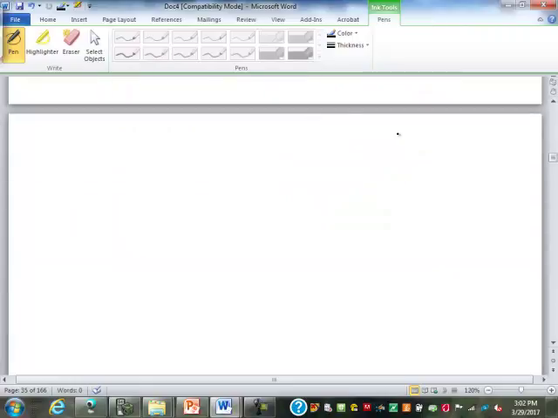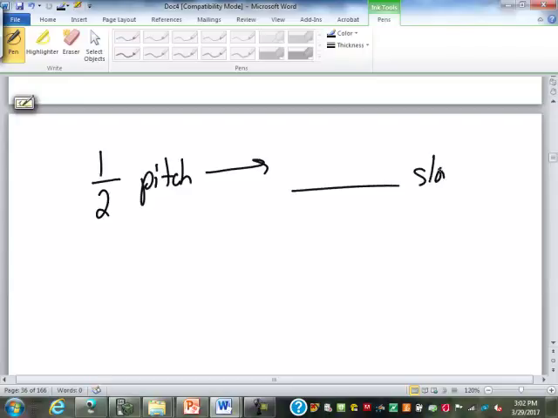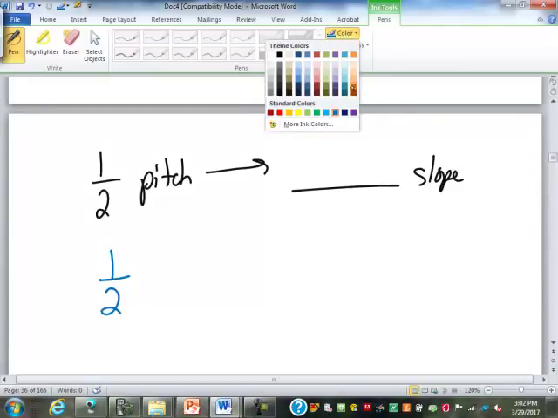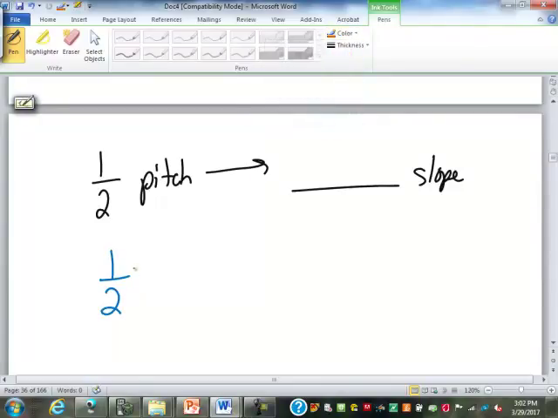So we might have a 1/2 pitch. Convert that into a slope. I take my 1/2. I am going to double the numerator.